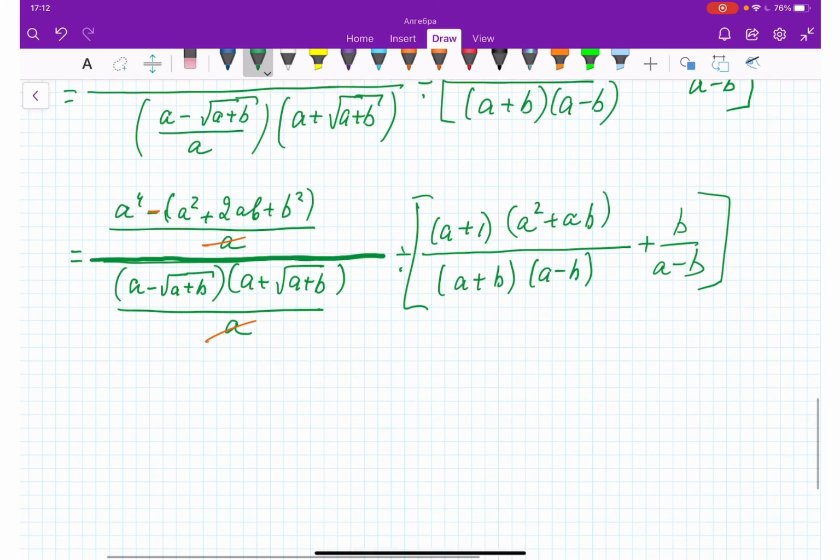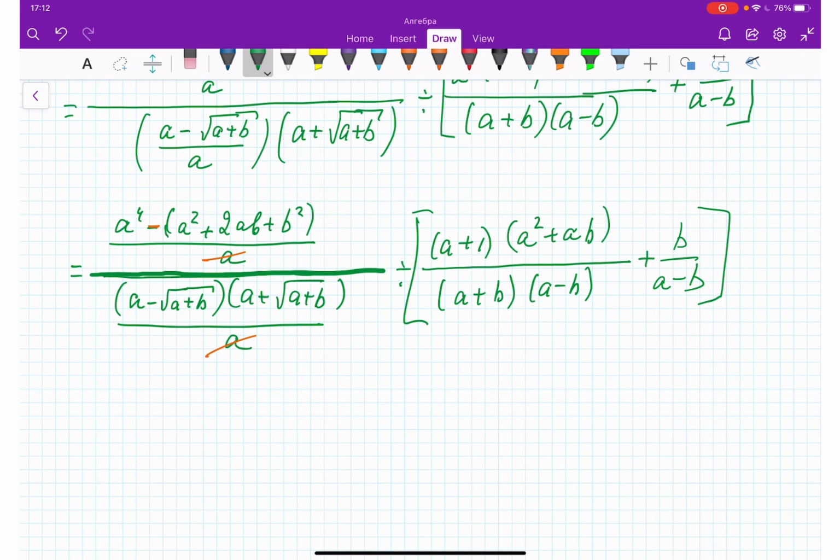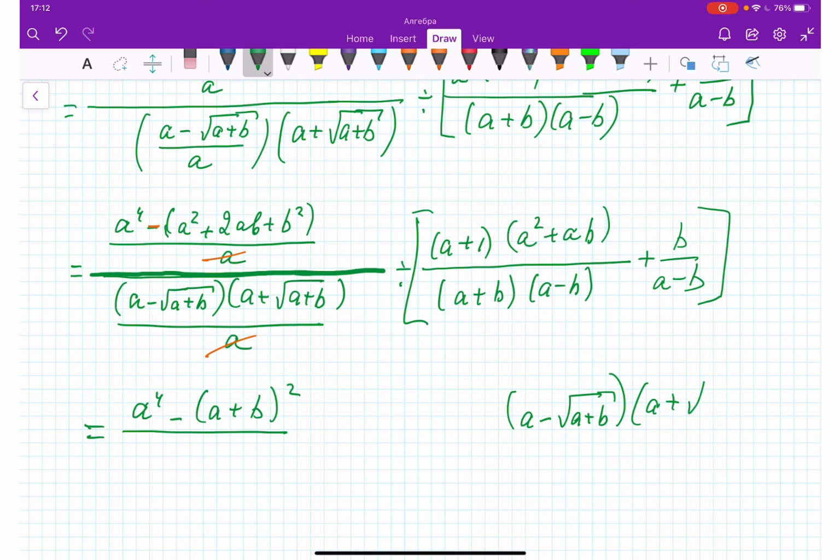Okay. Now, next one, what do we have here? We have here a to the 4 minus a plus b squared, right? And this one, a minus square root of a plus b times a plus square root of a plus b. I can write down here c minus d.